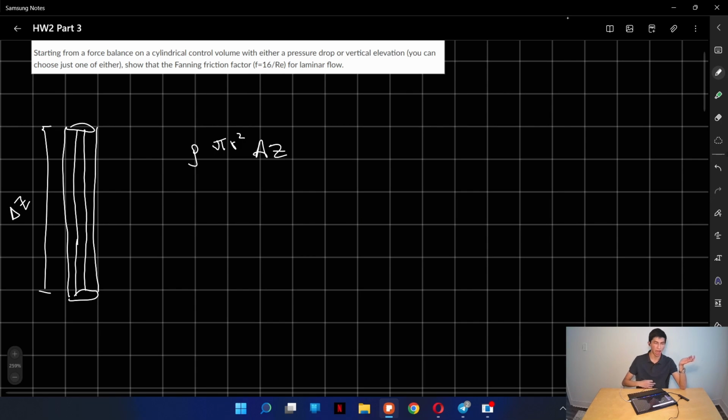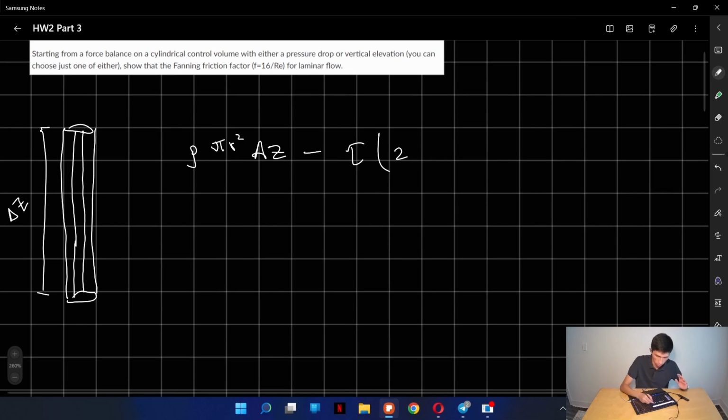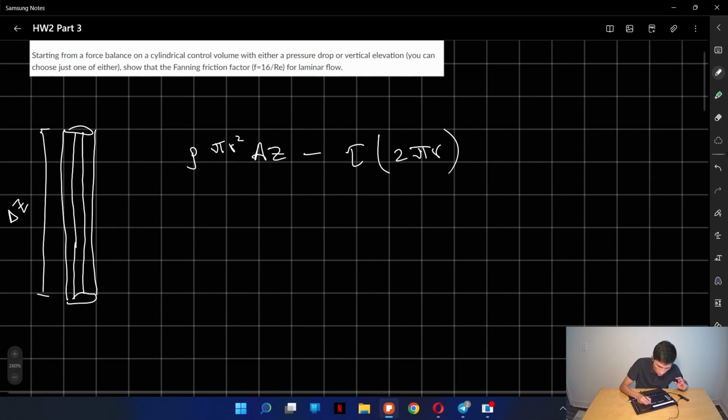What we have next is the shear stress multiplied by the surface area, not the cross-sectional area, which can be written as 2 pi r times delta z.